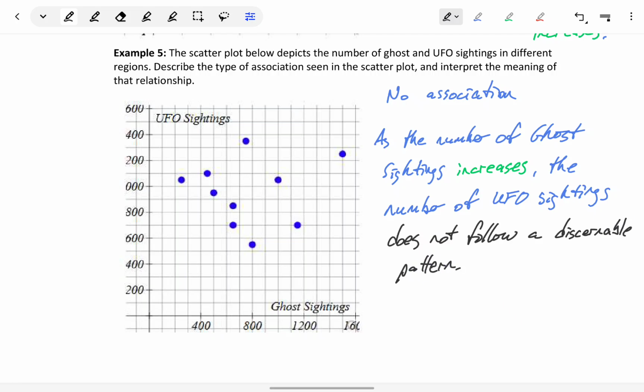Which is just one of a variety of ways we can say that it doesn't matter whether ghost sightings are increasing or decreasing. There's no clear connection to what's happening with UFO sightings. There's no relationship between the two variables.